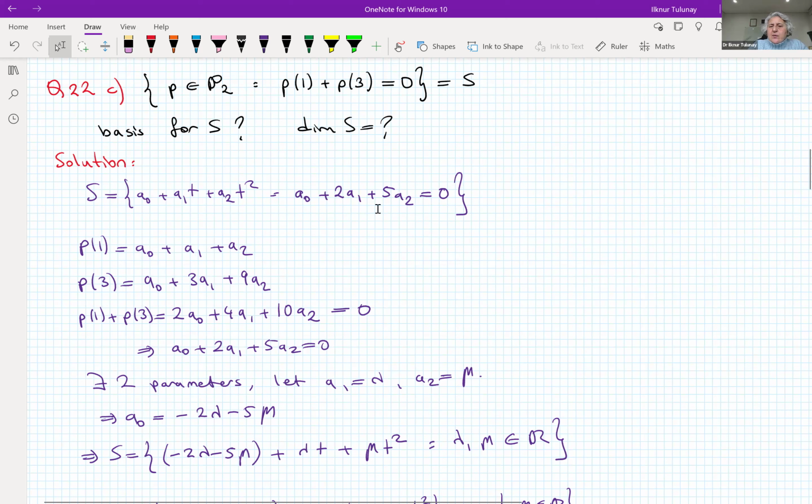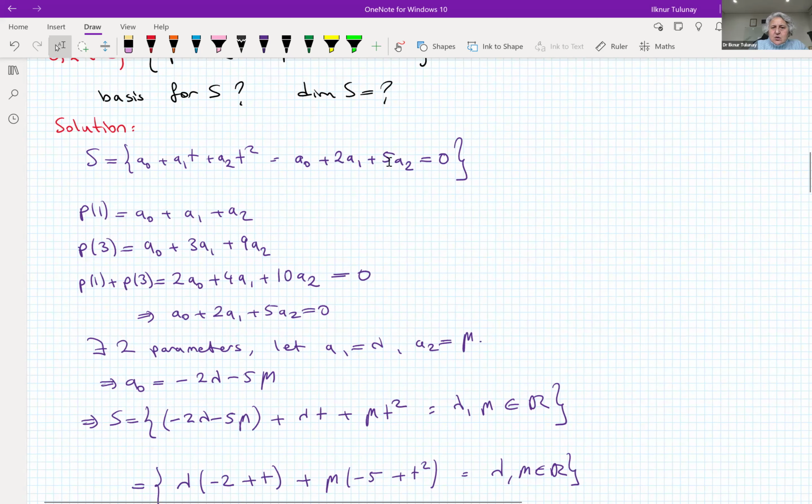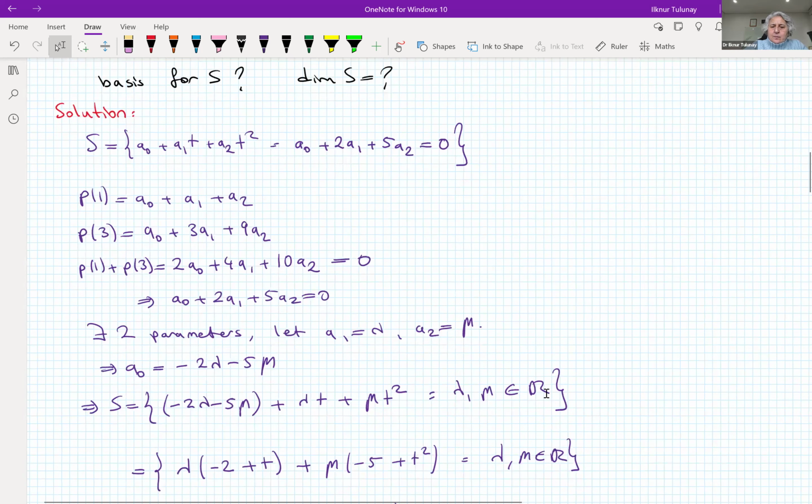So I'm choosing A1 and A2 as the parameters. And I can write A0 in terms of lambda and mu, just taking these 2 to the other side. A1 is lambda, A2 is mu, then I will have A0 is minus 2 lambda minus 5 mu. This is A1, this is A2. That's what it is. So this is the set S, the space S.